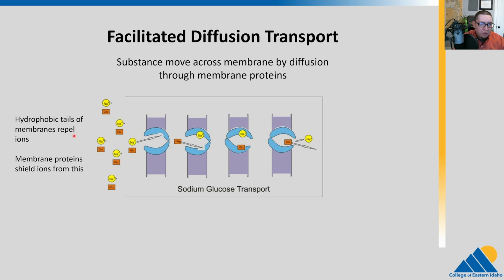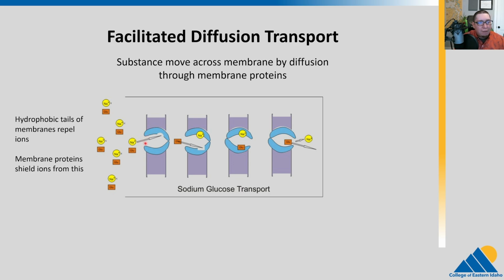In some cases, they are like this little ratchet here, where they will ratchet back and forth and allow things in. In other cases, they're kind of tube-like. Here, we have some ions. Sodium, right, that's charged, and glucose, which is a large molecule, right? Your cells have a combination sodium-glucose transport system.